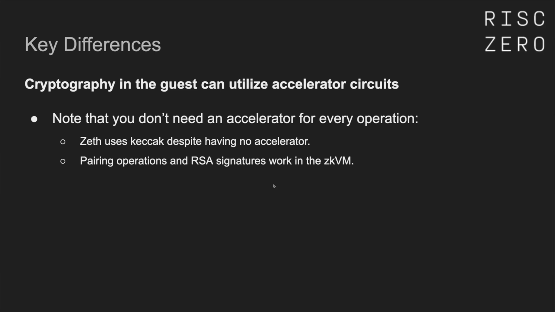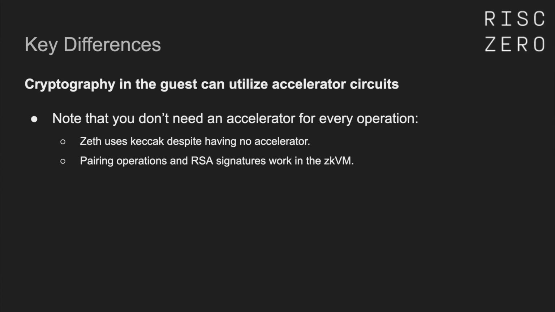One thing I want to note, though, is that you shouldn't assume that cryptography is too expensive to run in the zkVM without it. In the example we had before, we were running SHA-2 with just a software implementation, no hardware acceleration, and we saw that it took about 23,000 cycles, which increased our total program runtime by about half, but it was still somewhat reasonable to do.